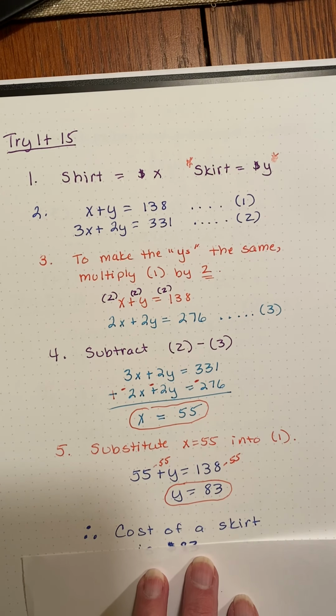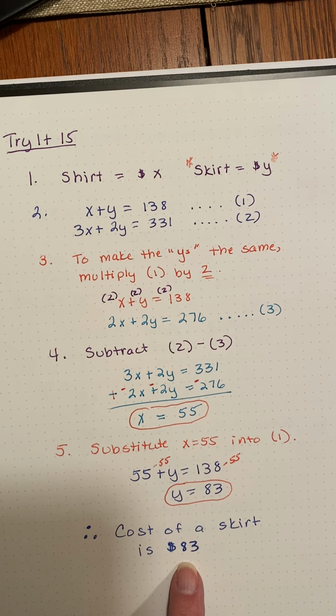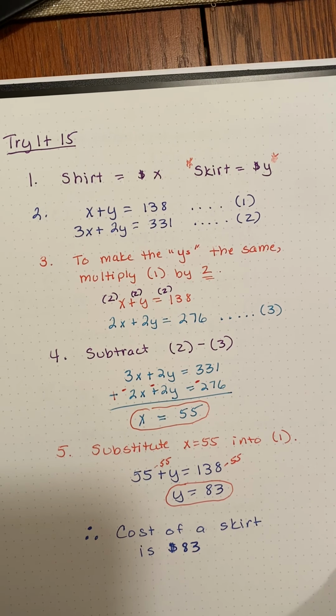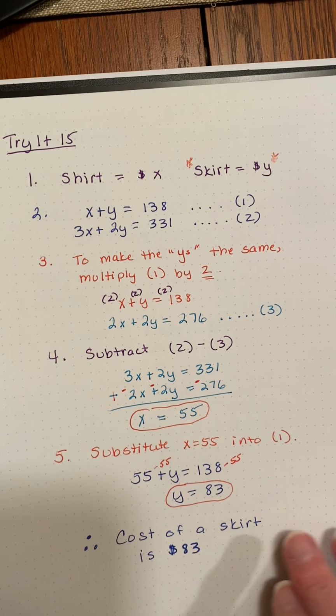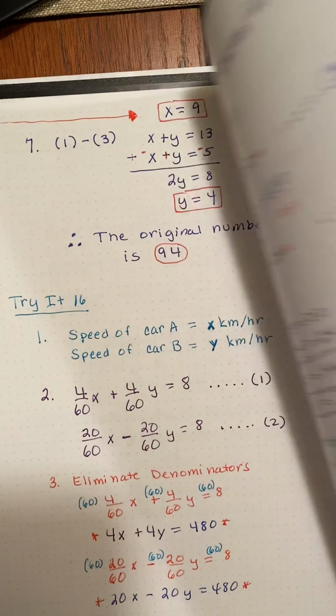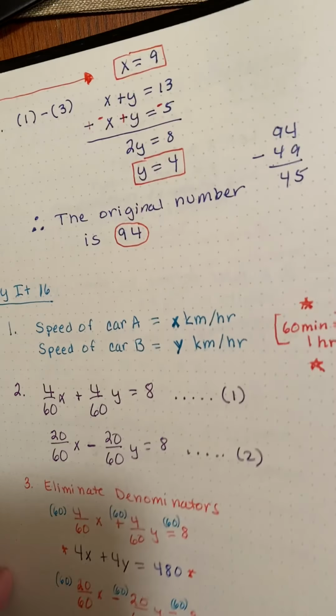Therefore, again, I go back, I just need the cost of the skirt, which is y. The cost of the skirt is $83. Remember, you can stop and rewind and re-listen as often as you need to get these problems.